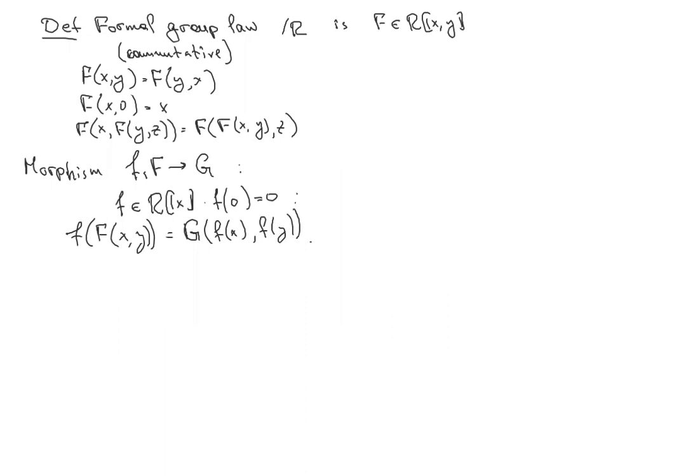That would be a rather big one, actually. And f is an isomorphism if its derivative is a unit, and it is called an equivalence if f prime of 0 is just 1.